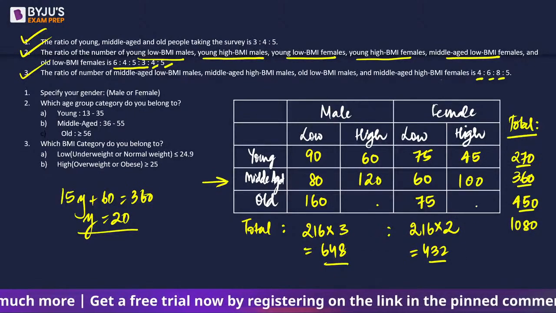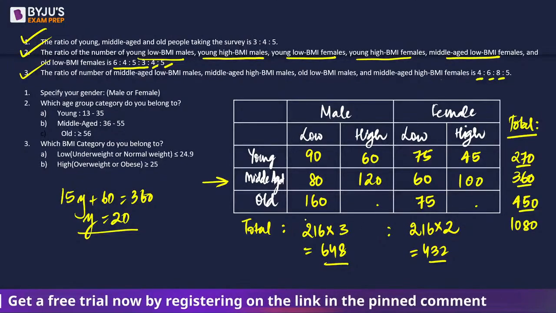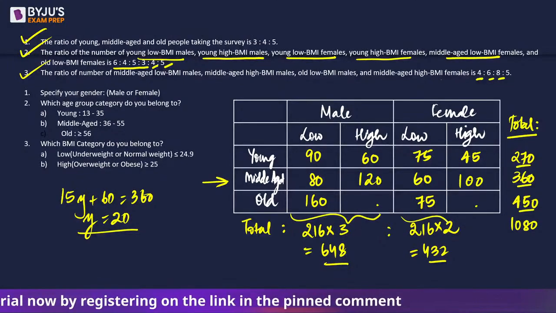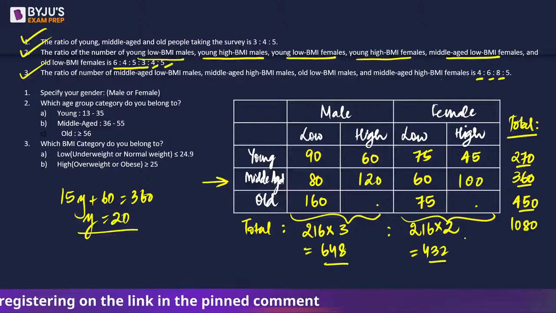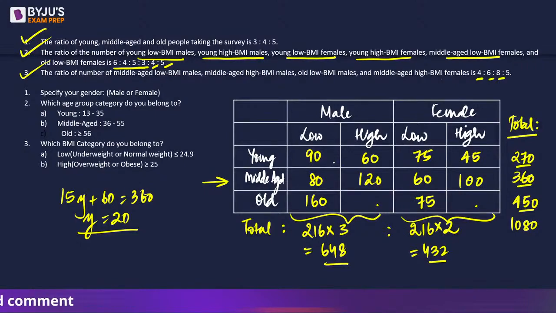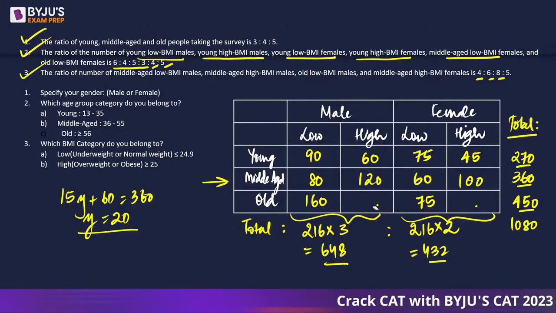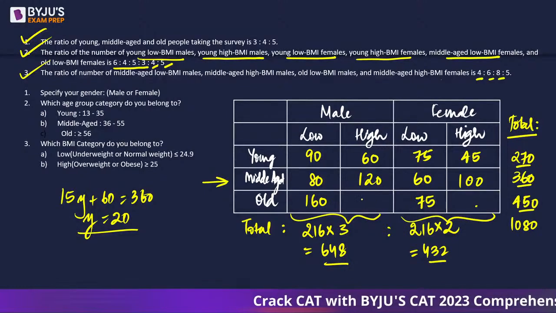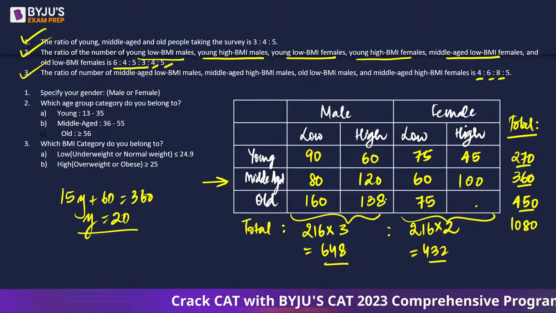Now, for the two cells that have a missing value, we can find them by taking the total males being 648 and total females being 432. So the total male here is going to be 200, 150, so 350, 350 plus 150 is 510. So 648 minus 510 will result in 138.